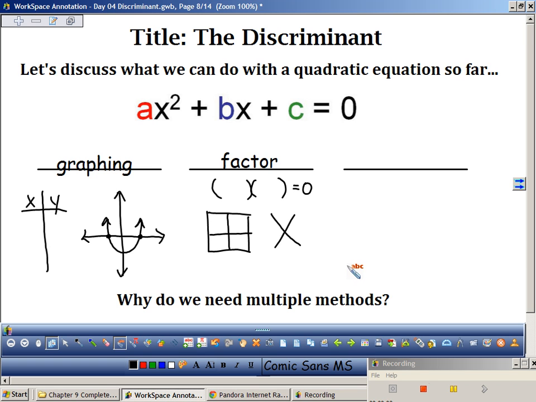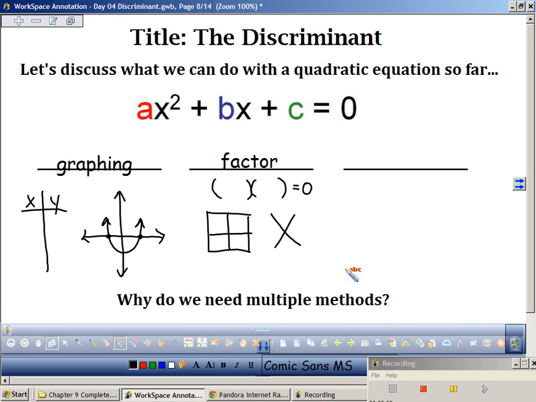We haven't done the quadratic formula yet. What do we just do? You're on fire today. Completing the square.